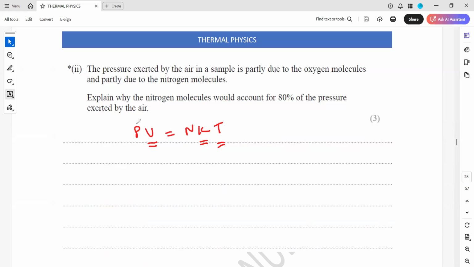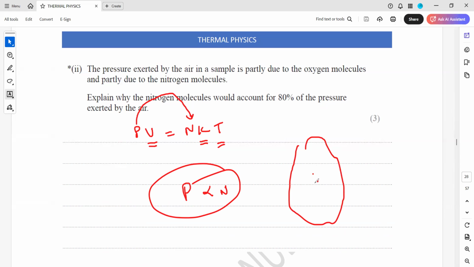So it means the pressure depends on the number of gas particles. The greater the number of gas particles, the greater the pressure exerted by the molecules. So in the lungs, 80% of the gas particles are nitrogen. That's why the pressure contributed by the nitrogen will be higher than the other gases.